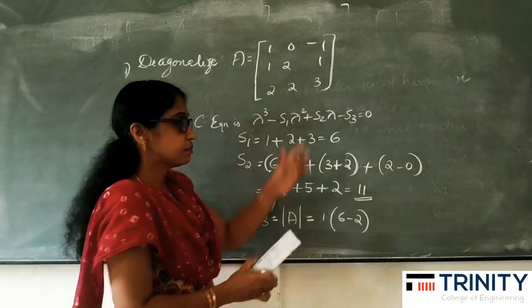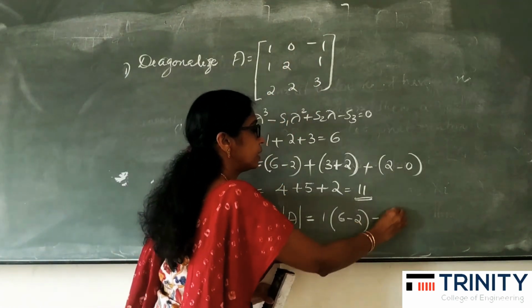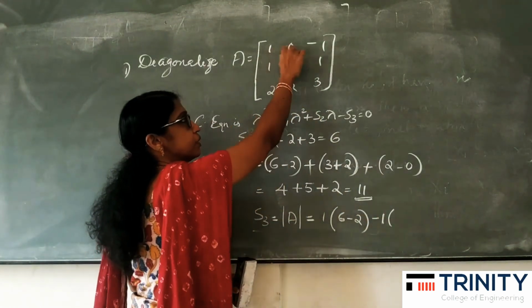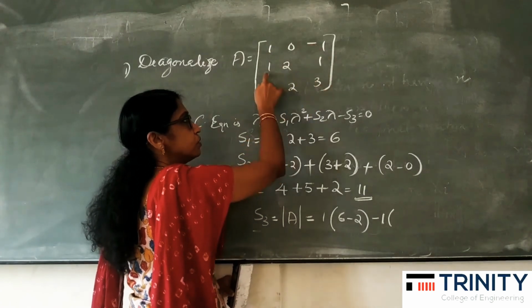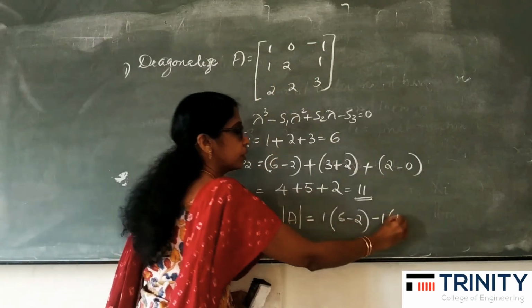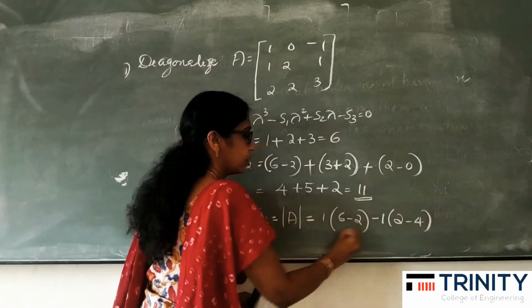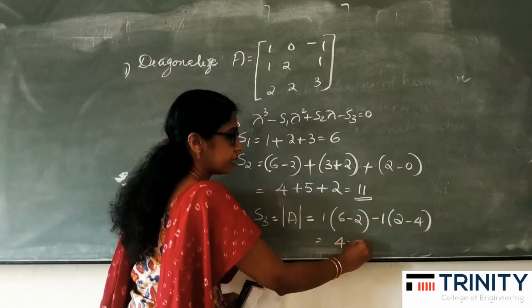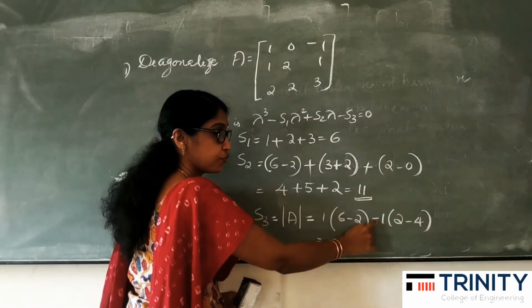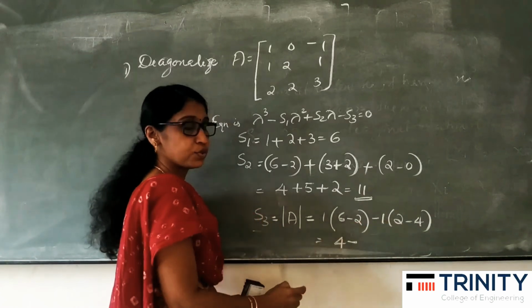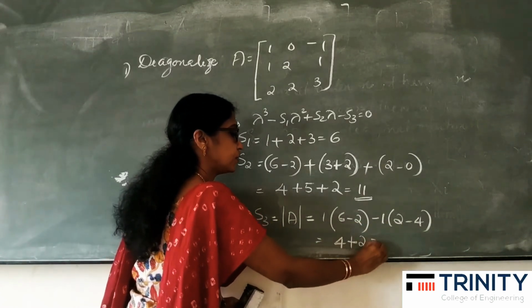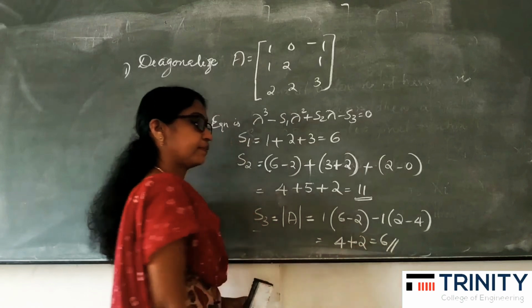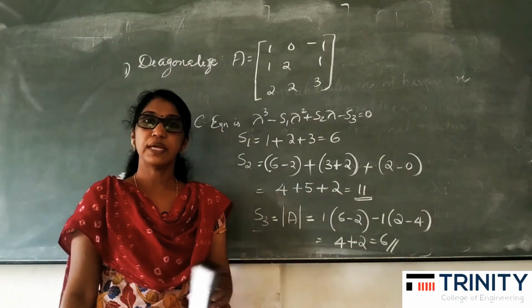The last term is minus 1 into, omitting this row and column, 2 minus 4. So this is 4 minus 1 into minus 2, that is 4 plus 2, which is equal to 6. Okay, so we get S1, S2 and S3.